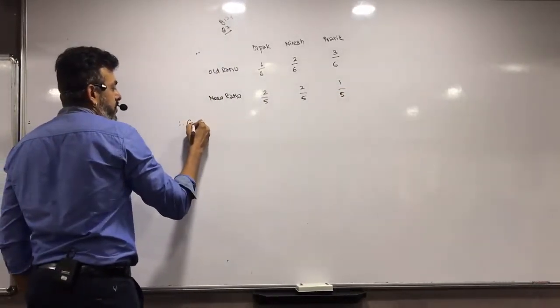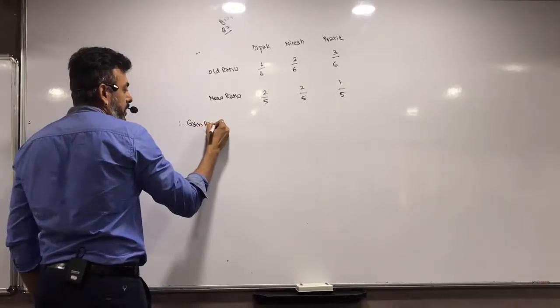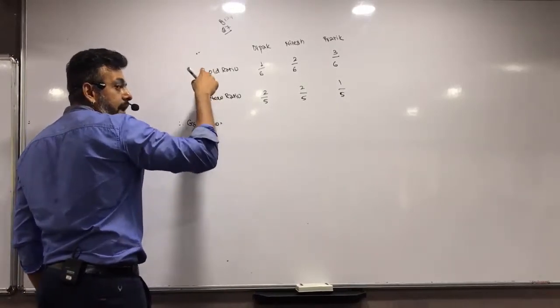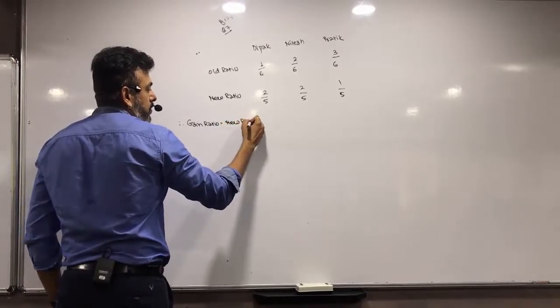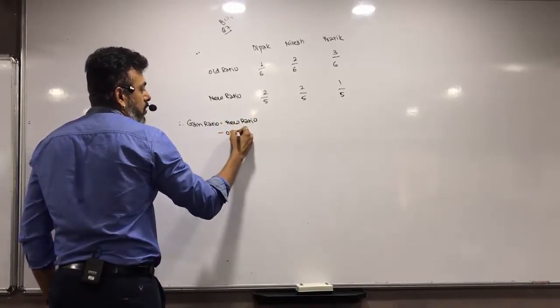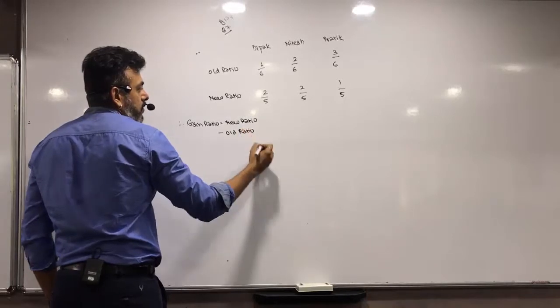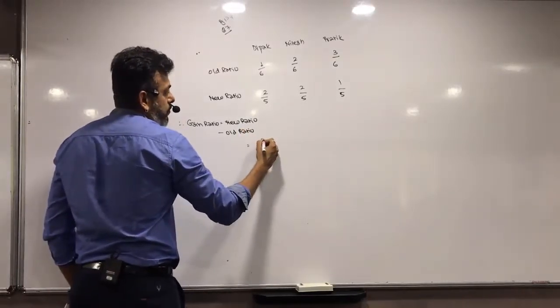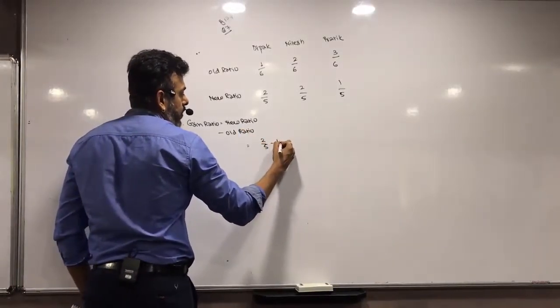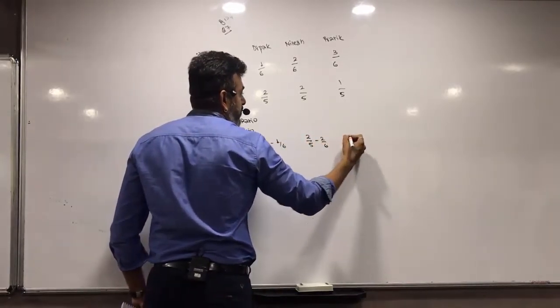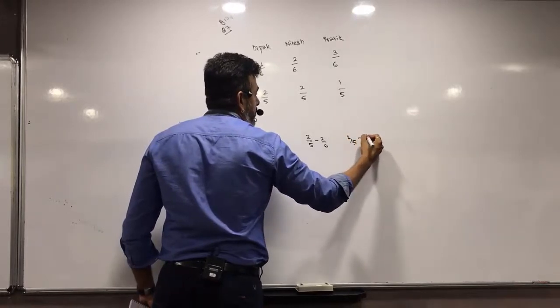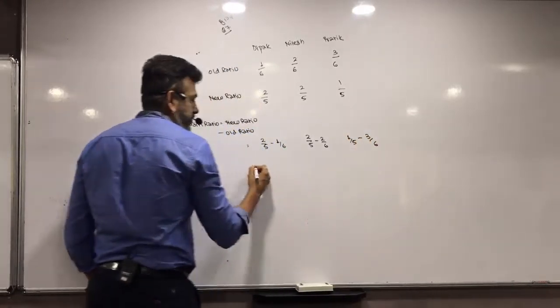Therefore, gain ratio. When do we calculate gain? When new is more than old. So new ratio minus old ratio, which is equal to 2 by 5 minus 1 by 6, 2 by 5 minus 2 by 6 and 1 by 5 minus 3 by 6.